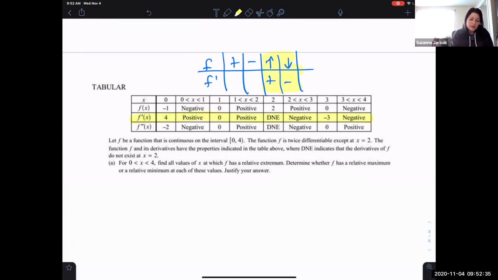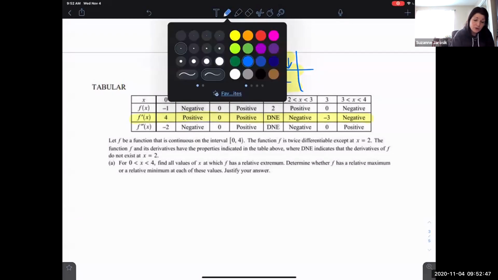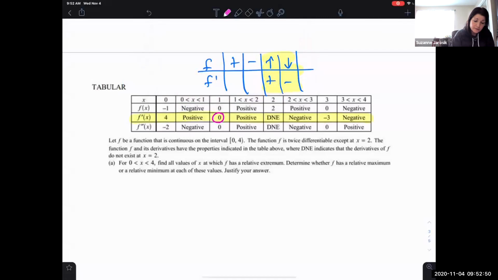If we're looking for relative extremes, then we need what? F prime being equal to 0 or undefined to begin with. So let's see, I see that. Okay. We also need what? A sign change.